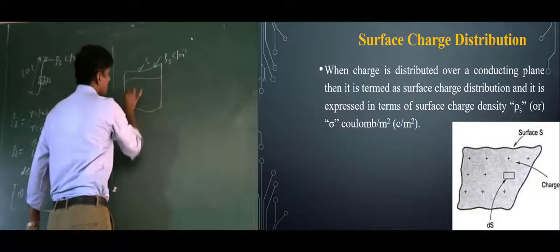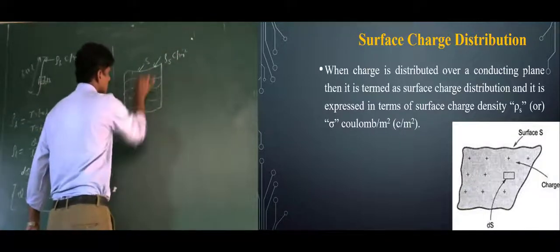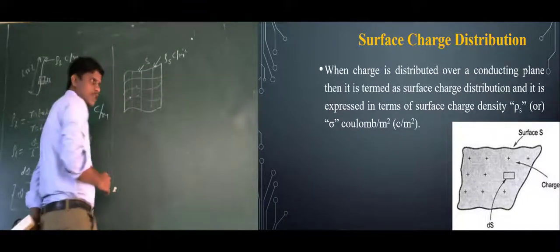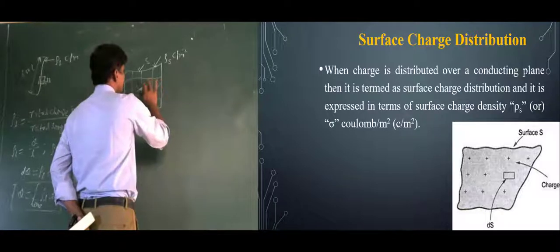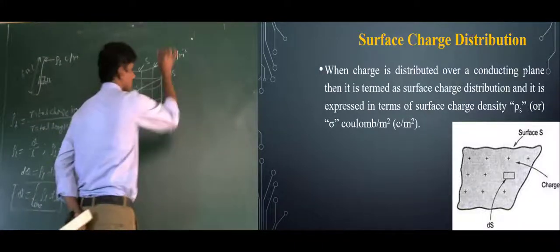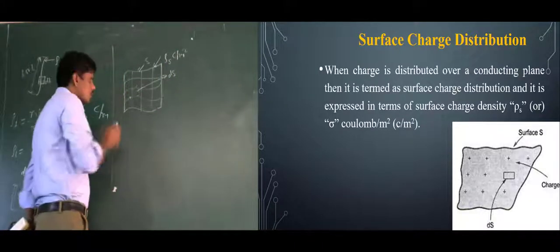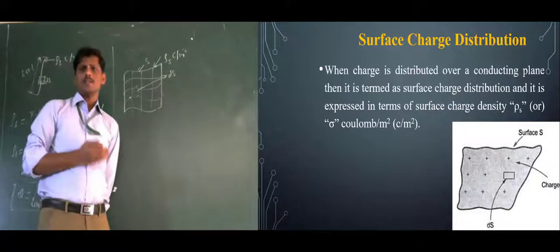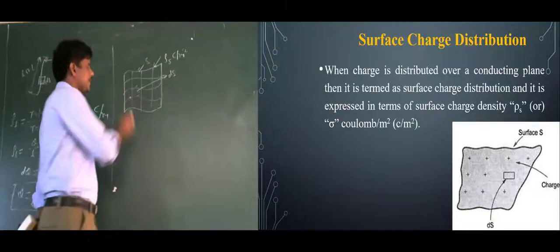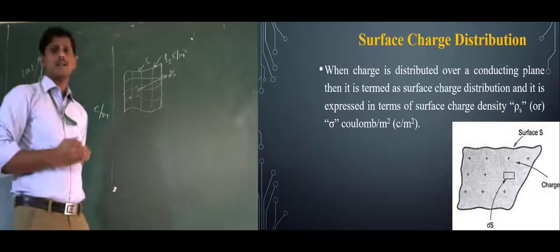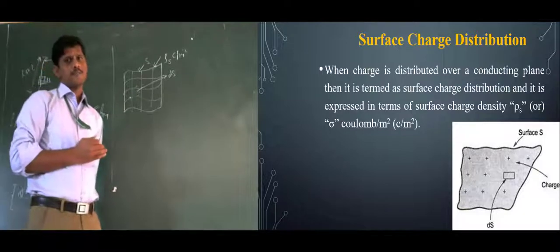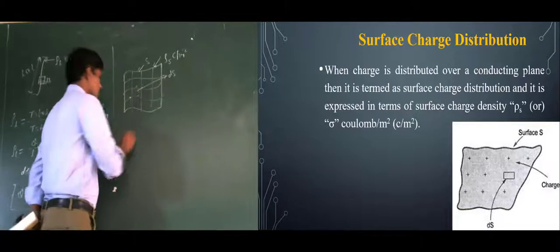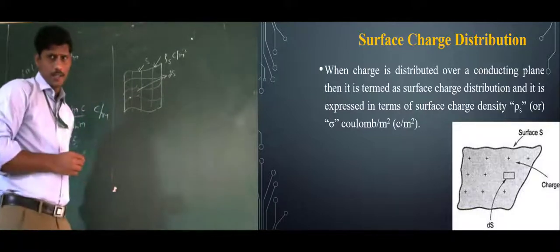Consider a small elementary surface sheet, ds. When charge is distributed over a thin conducting surface or a conducting plane, it is termed as surface charge distribution, and it is expressed in terms of surface charge density rho S, in coulombs per meter square.